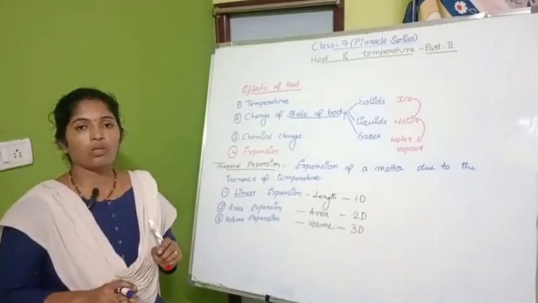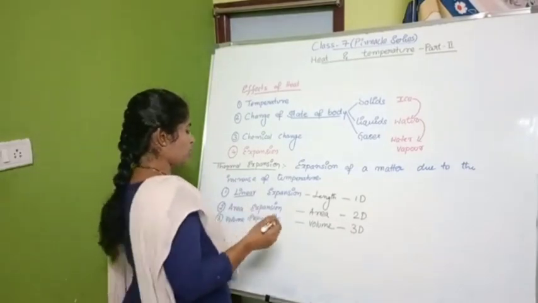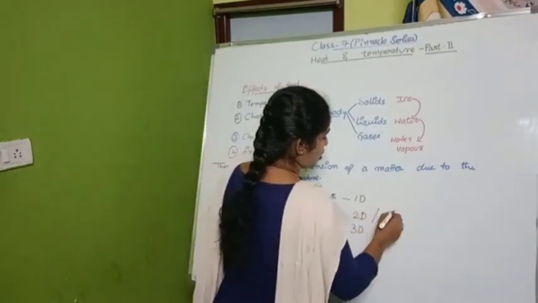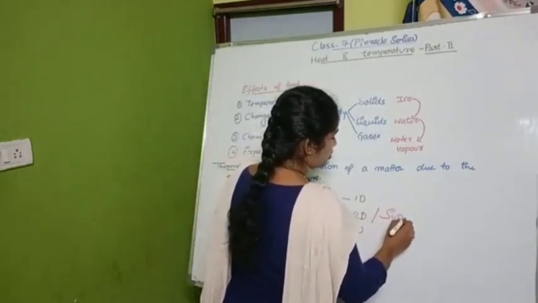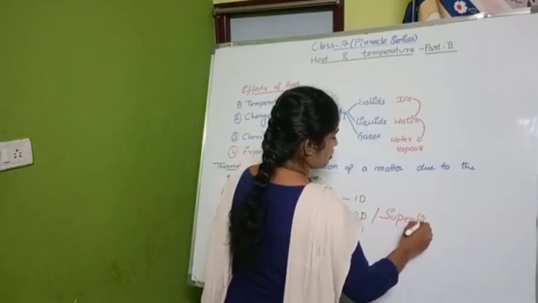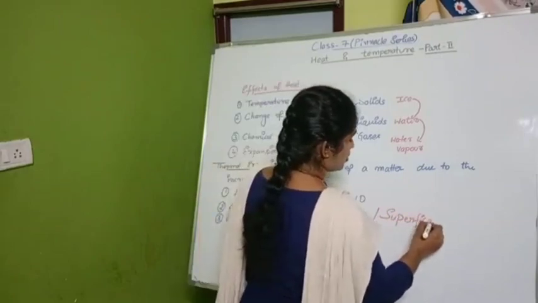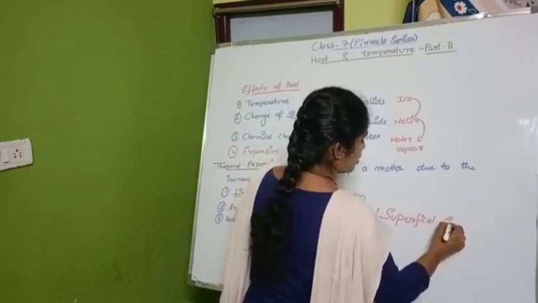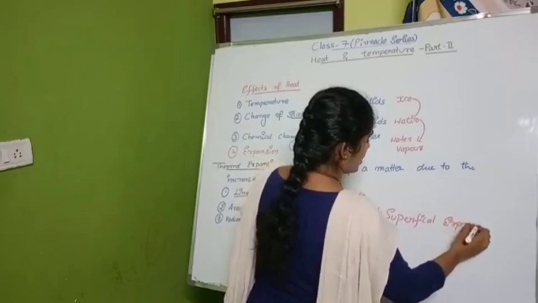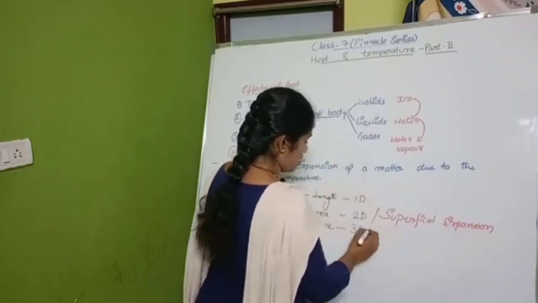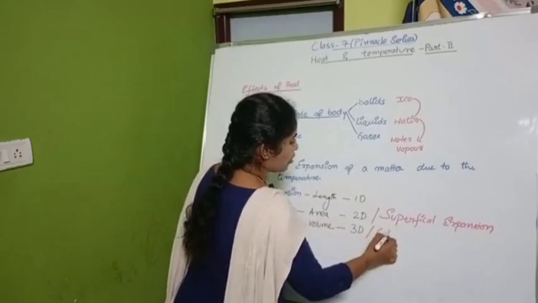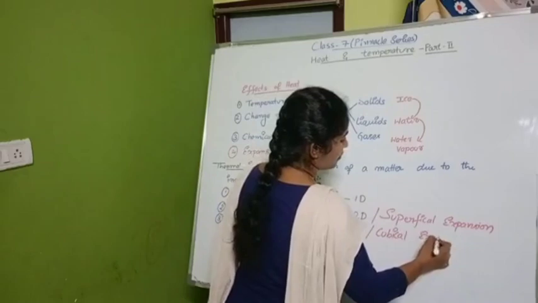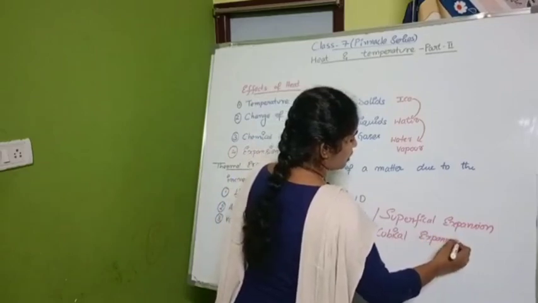Volume expansion is also called cubical expansion. Right? This is the thermal expansion.